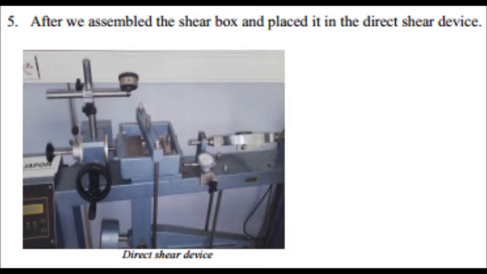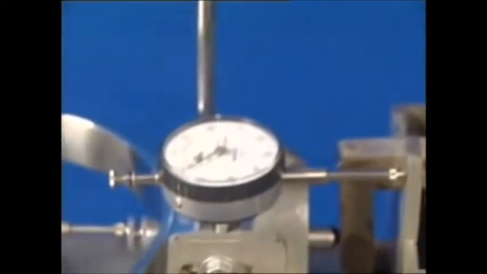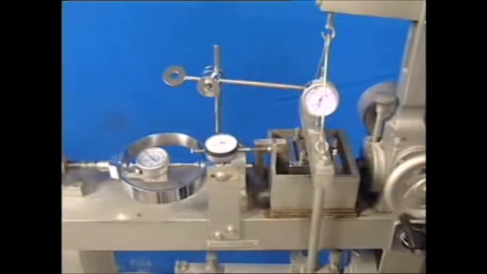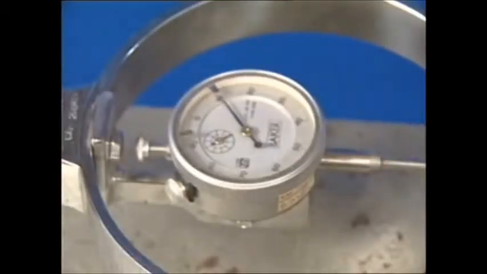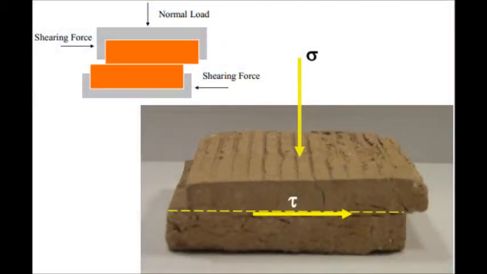After installing everything, make sure that you install the box as well, and then start recording. Remember, we are recording after 30 seconds. So this is the way you have to record as soon as possible for those 3 gauges and the proving ring.